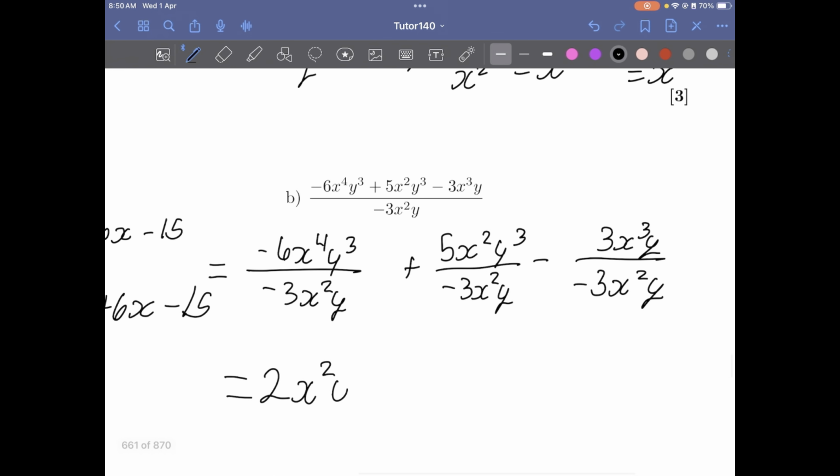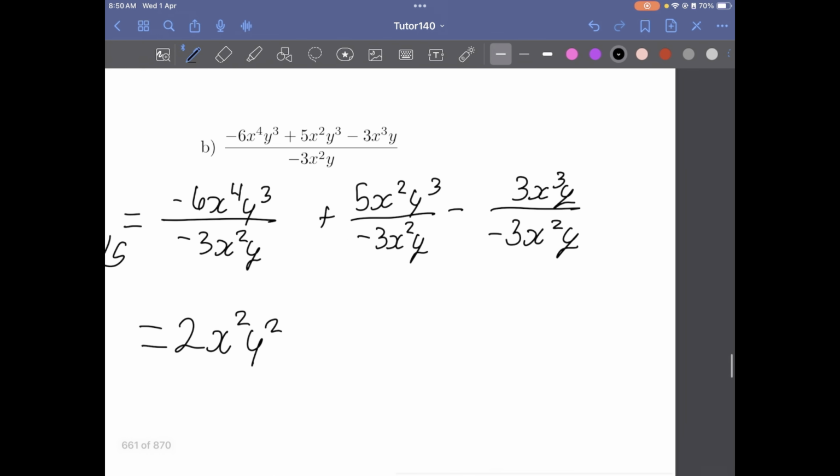Okay? Y squared. And then we have a minus down here and a plus. So just write minus, because you know negative times a positive is a negative. So minus 5 divided by 3. X squared divided by x squared is just 1. And then y cubed divided by y is y squared.